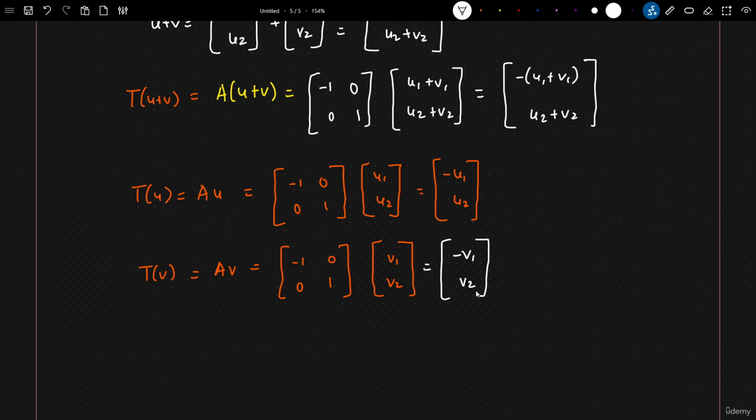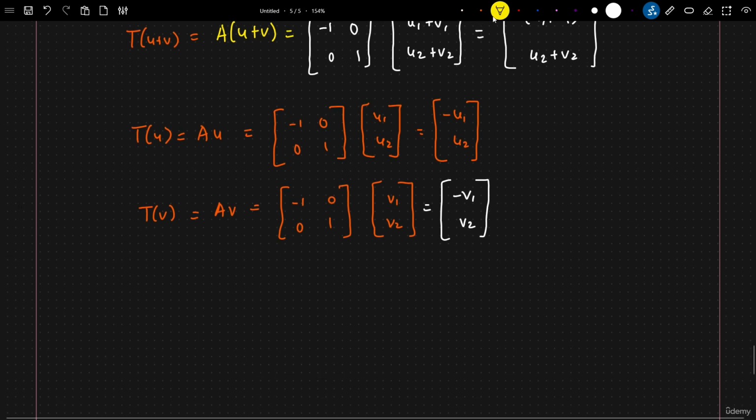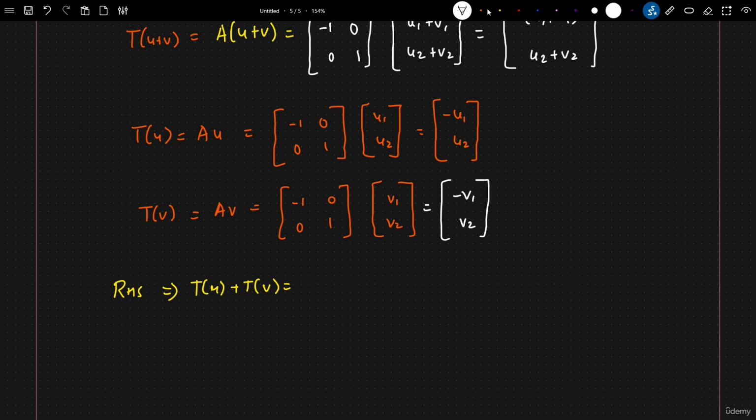Perfect. So overall you got this. But on the RHS, what we need to do is take this transformation of u and add it with the transformation of v. So once we do this, here you can see minus u1, u2 plus minus v1, v2.